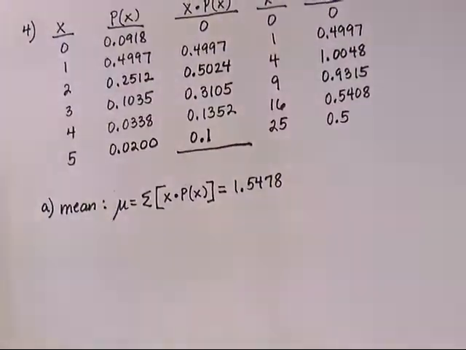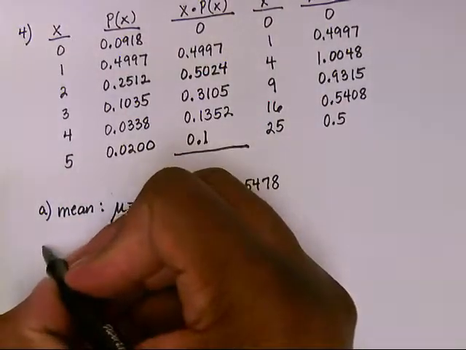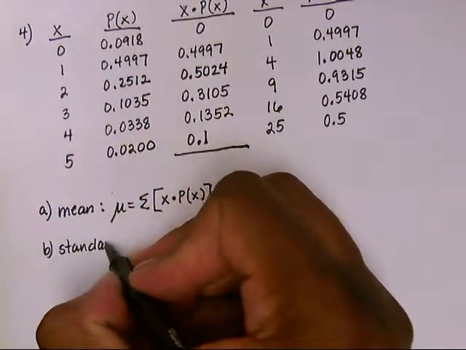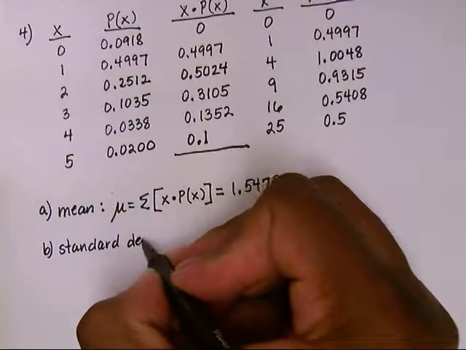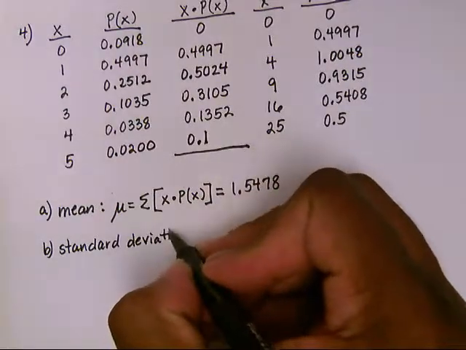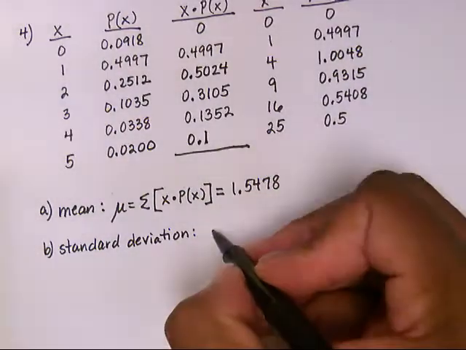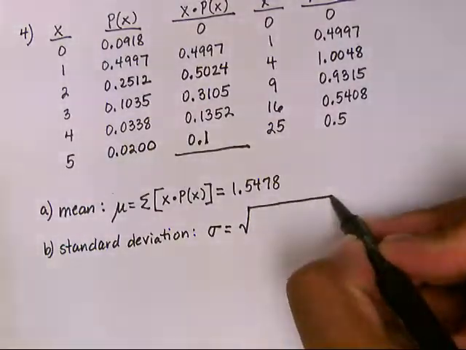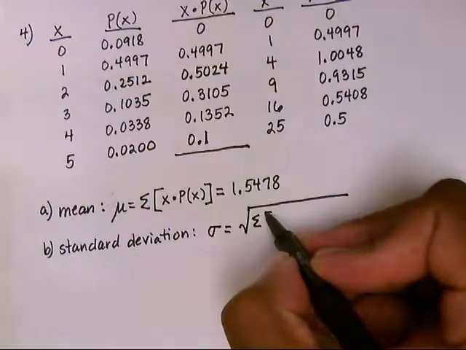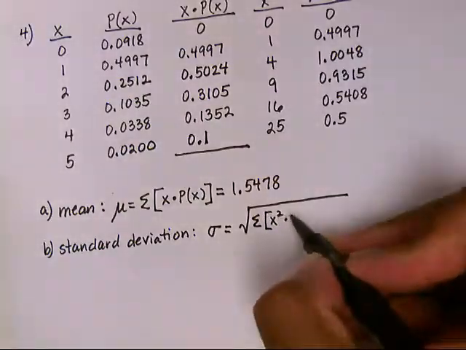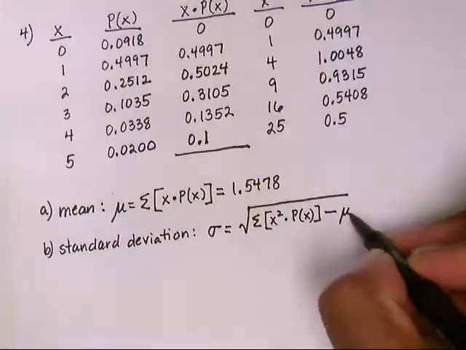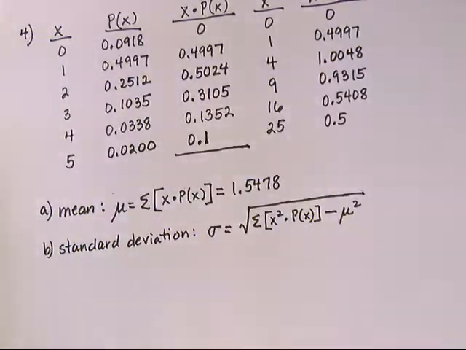Okay, now part B is finding the standard deviation. And that's going to be this. Sigma is equal to the square root of the sum of x squared times p of x minus mu squared.